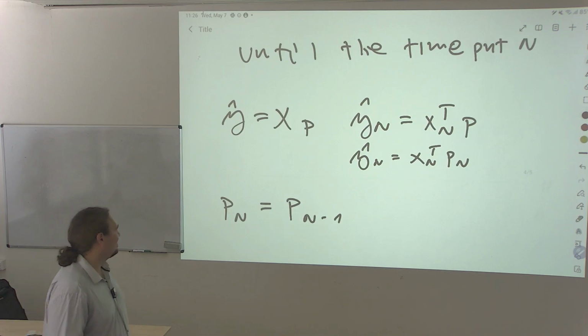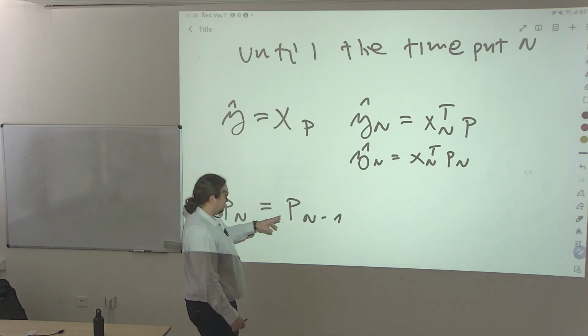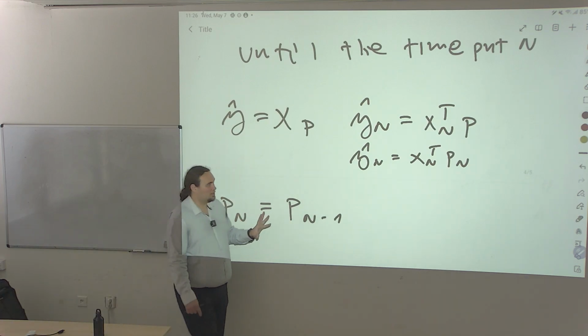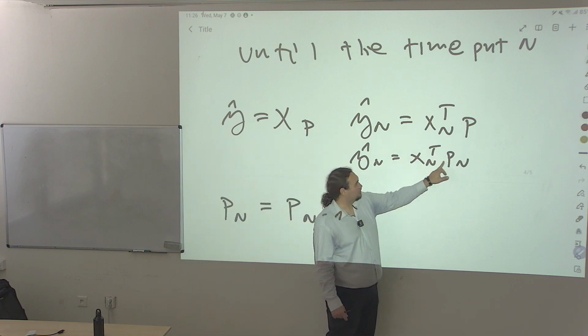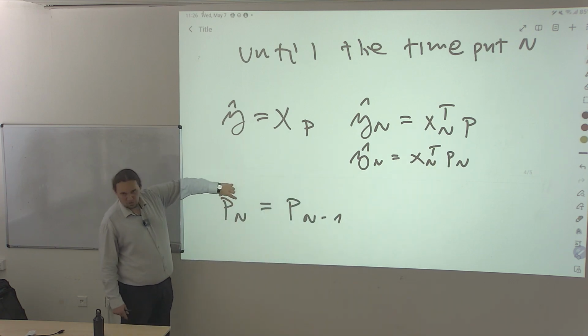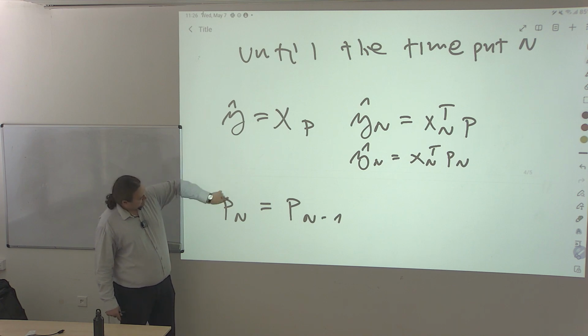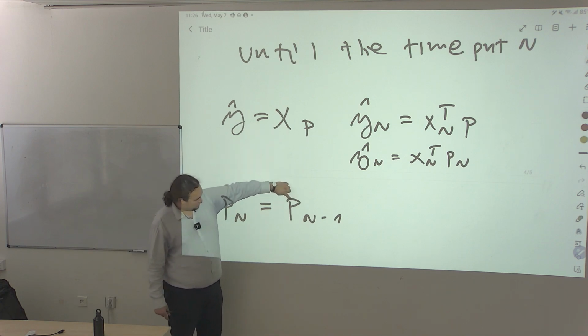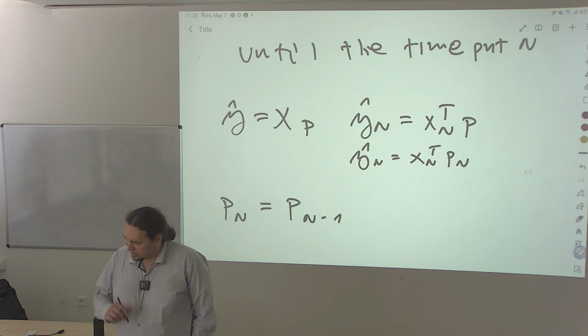Now this is the vector, right? That's why I started to write these funny symbols here, the scalar multiplication. So our new vector of parameters will be updated from the old vector of parameters.